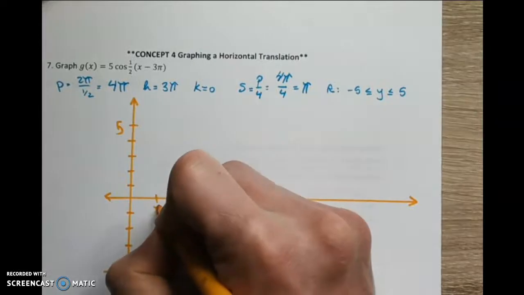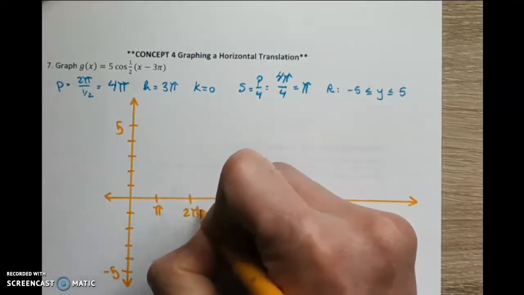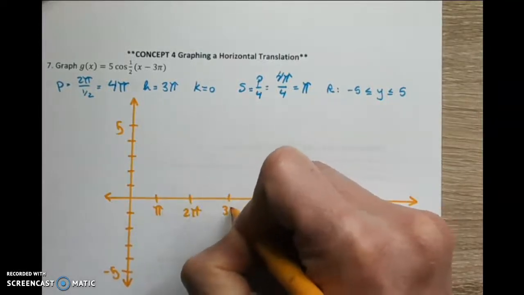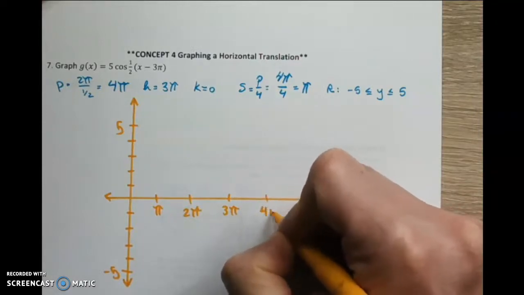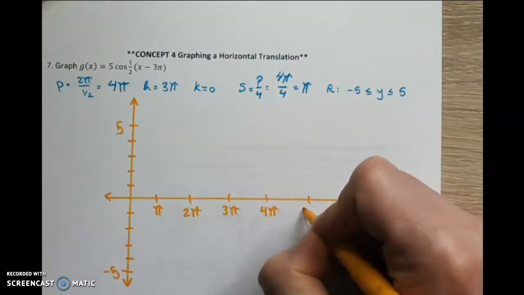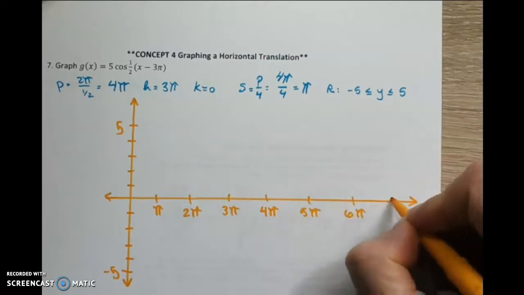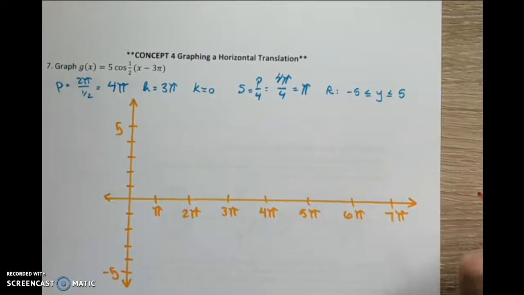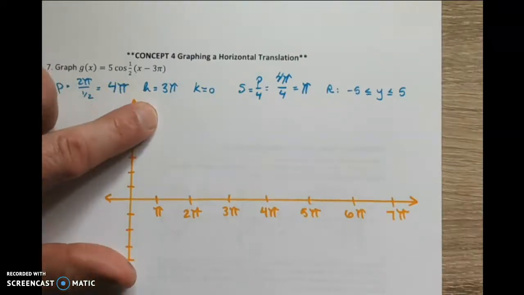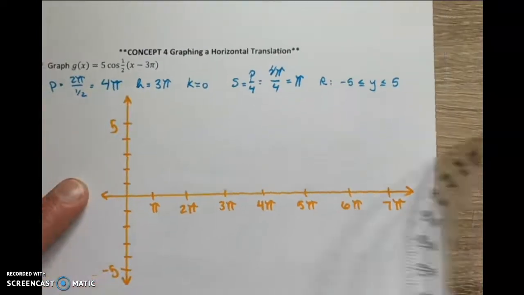So I'm going to say pi, 2 pi, 3 pi, 4 pi, that's the period, 5 pi, 6 pi, 7 pi. Okay, so here we are shifting 3 pi to the right. So that's my starting point.